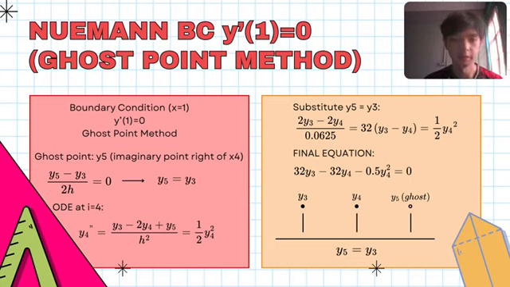For the right boundary at x equal to 1, the process is symmetric. We add a ghost point x5 with value y5 to the right of the last node x4. The Neumann condition y prime of 1 equal to 0 gives y5 minus y3 over 2h equals 0.